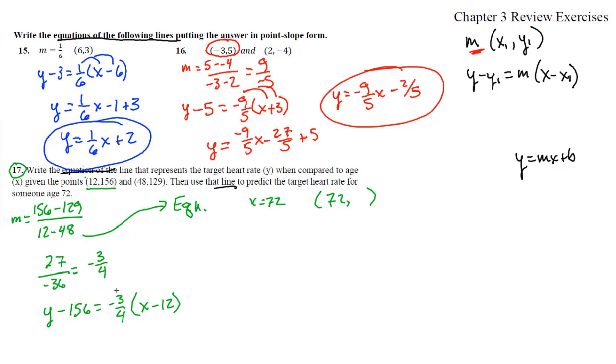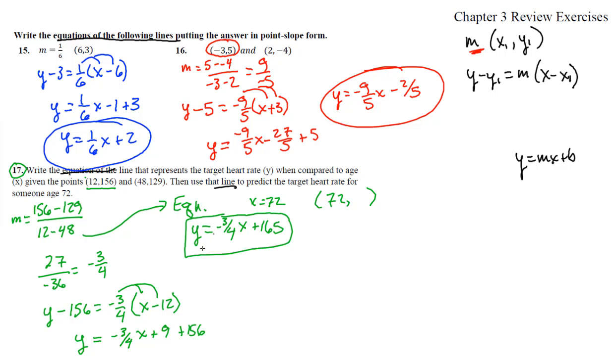Okay, so jump this in, start simplifying it. -3/4 x plus 9. Add 156 to both sides so that y is now by itself, and we can write the equation of the line in y equals mx plus b format. Y equals -3/4 x plus 165. Excellent. That's the first half. Write the equation of the line.